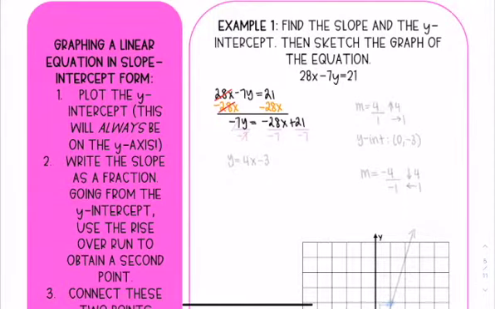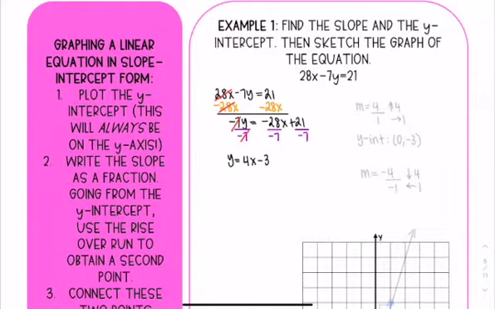And to get y by itself, we're going to divide everything by negative 7. And so it ends up canceling on the left, and we get y equals negative 28 divided by negative 7 is positive 4, and 21 divided by negative 7 is negative 3.